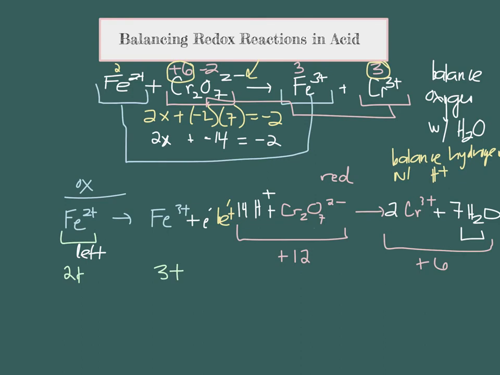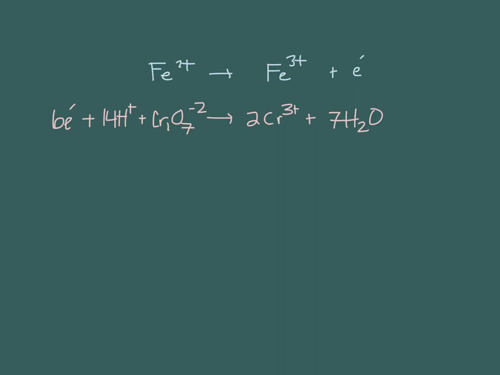Now I'm going to recopy my half reactions and line them up so I can get ready to add. Okay, now we're almost ready to add up these half reactions. We can see that there are some electrons produced in the oxidation and that those electrons are later used in the reduction, but we don't seem to have enough electrons yet to run the second half of the reaction. We need to have 6 electrons.